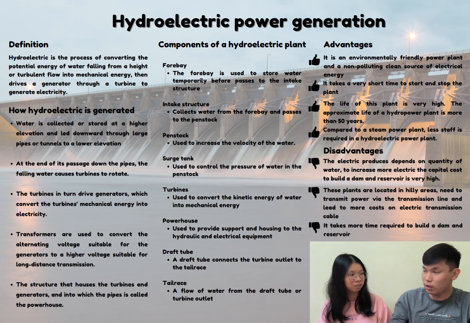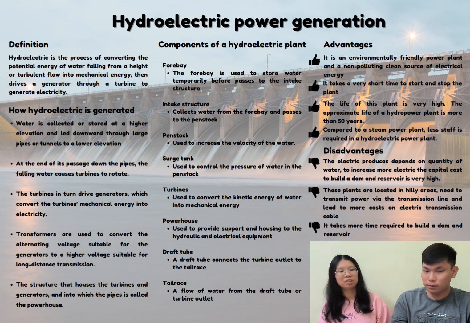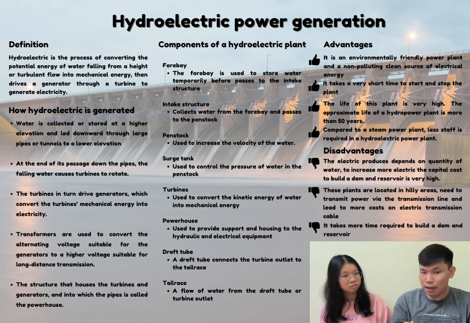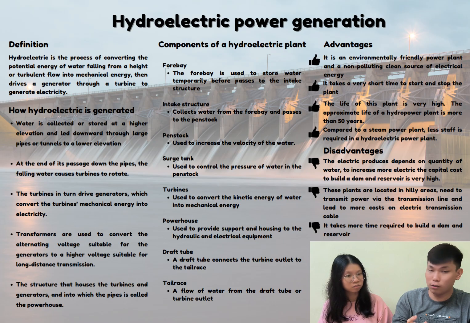We can use a controller to control the starting and stopping, maybe just a button to open it or stop it. The lifespan of the hydropower plant is more than 50 years. Compared to a steam power plant, less staff is required to maintain hydroelectric power generation.